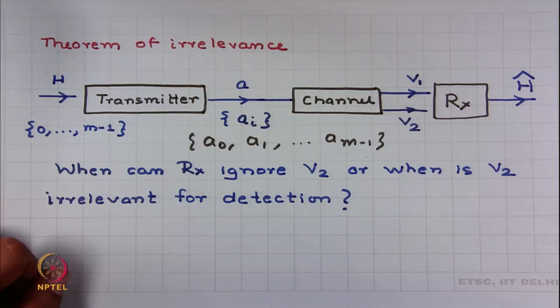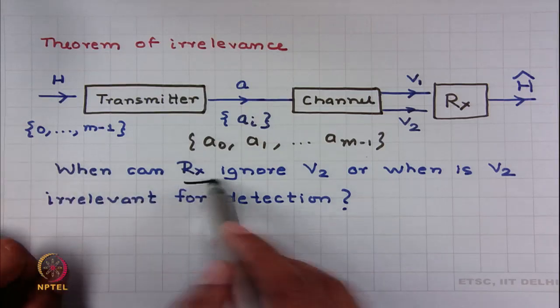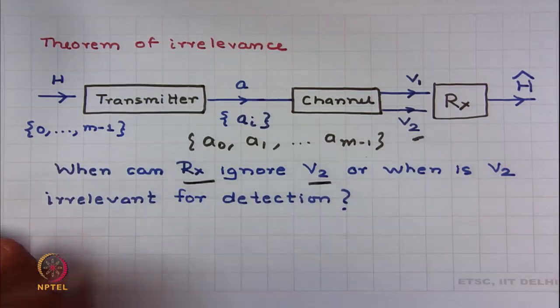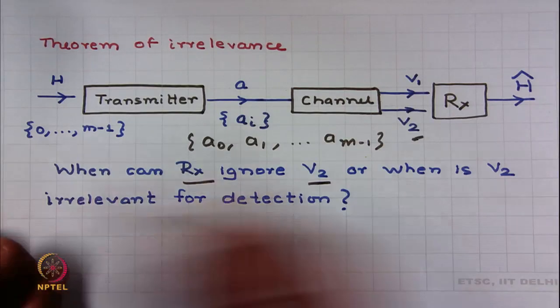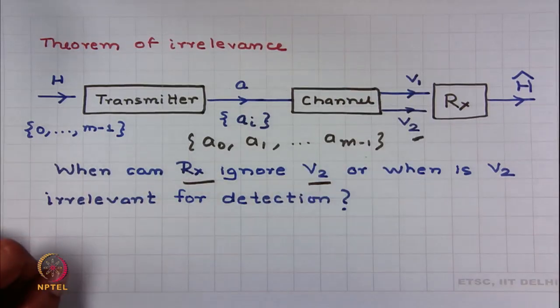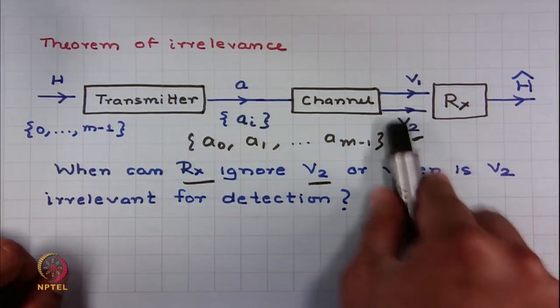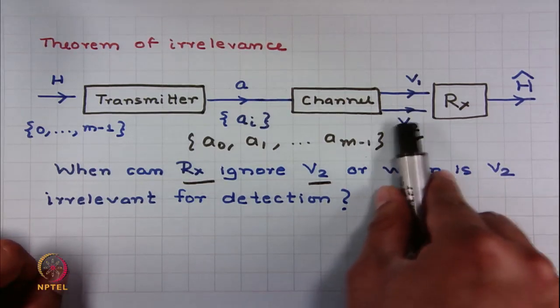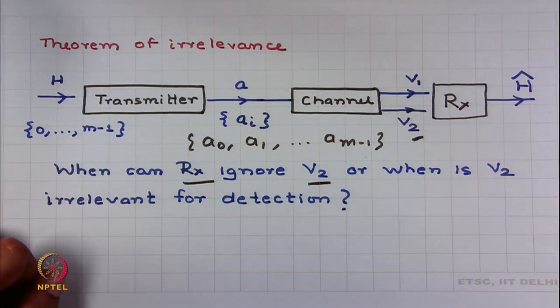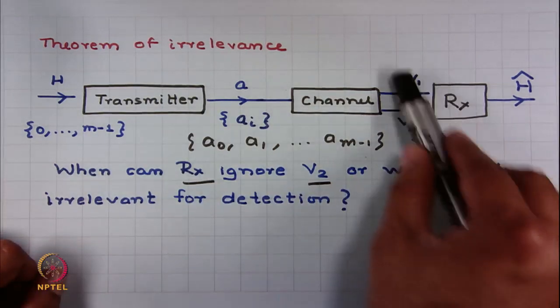And the question that we are asking is, when can the receiver ignore this V2, or when is this V2 irrelevant for detection? When does the receiver not have to worry about this extra random variable V2? When can the receiver simply decide optimally based on one received random variable? That is the question we are asking.